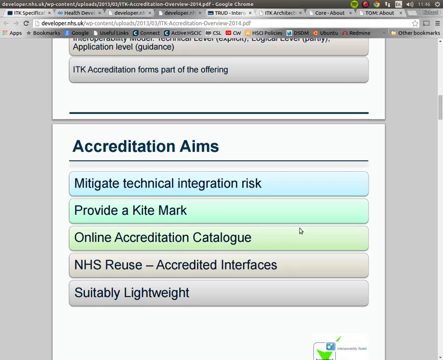Obviously the aim really is to get that evidence when submitted as close as possible to what's required, so that we minimise any form of rework. So there's a lot of dialogue encouraged, and certainly we encourage the system suppliers to engage with the ITK accreditation team and to use the expertise and knowledge that they've got to their benefit.